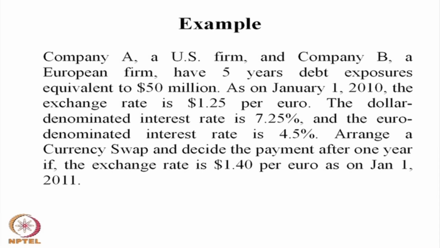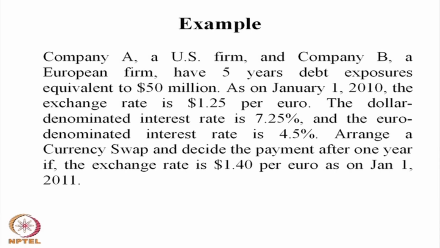As on January 1, 2010, the exchange rate is $1.25 per euro. The dollar denominated interest rate is 7.25 and the euro denominated interest rate is 4.50. Arrange a currency swap and decide the payment after 1 year if the exchange rate is $1.40 per euro as on 1st January 2011.